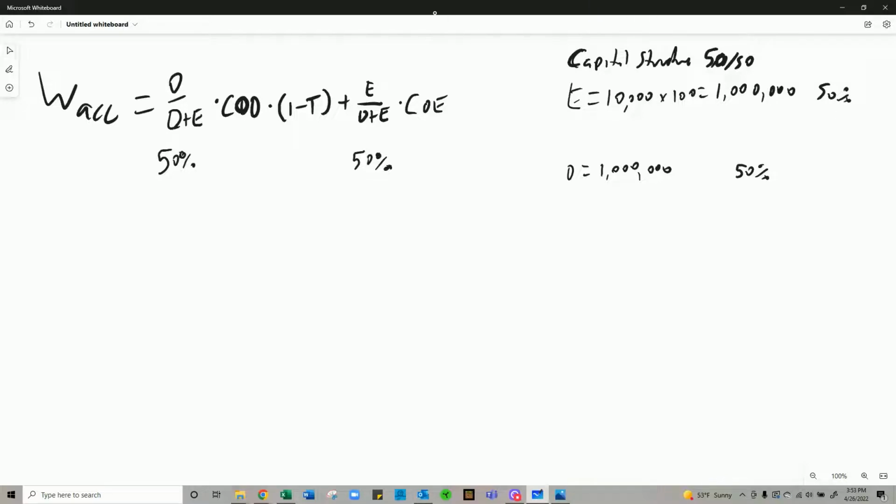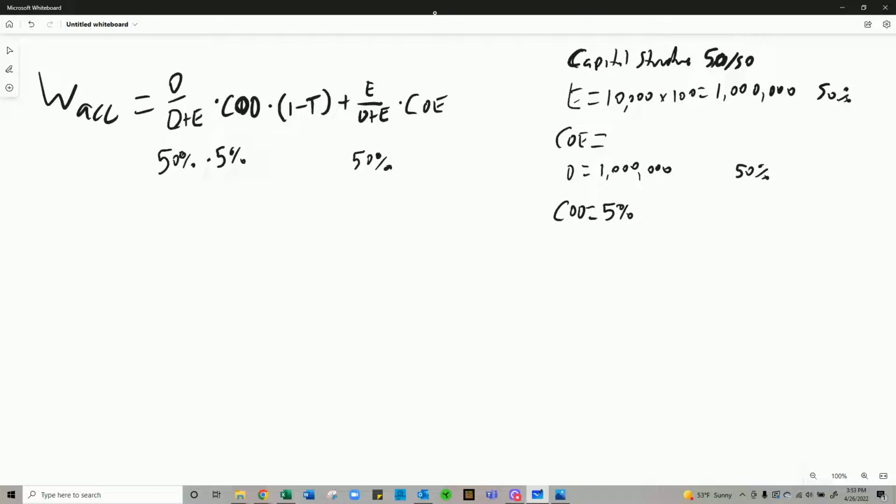Let's say our bank loan, cost of debt, so the bank says, okay, we'll give you $1 million, you pay us 5% interest. So our cost of debt is 5%. Simple. So we bring that over here, times 5%. Now cost of equity, up here.